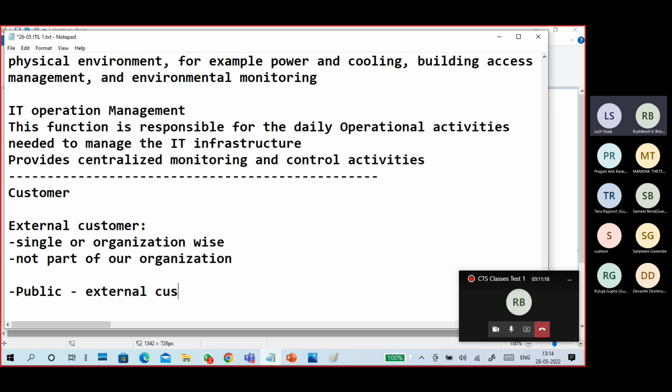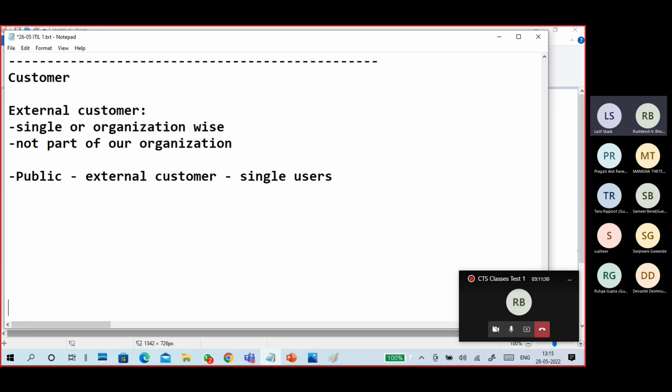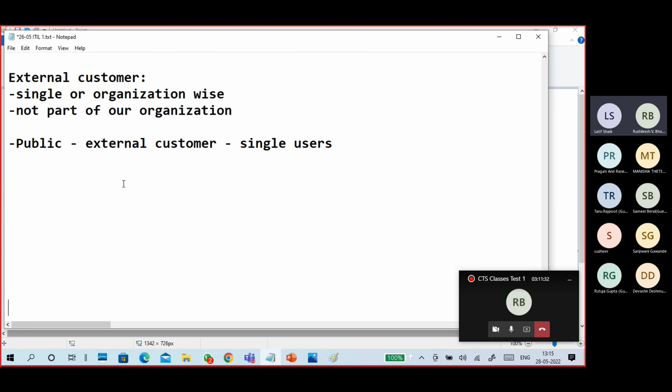The public customers are usually like single users. Means I have taken Office 365 as an example. I am using Office 365.